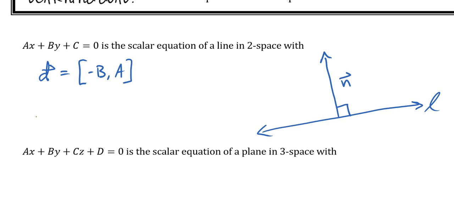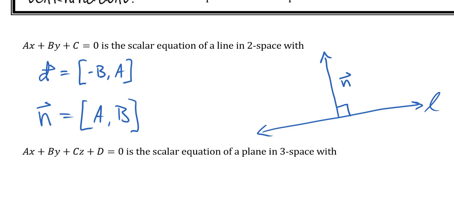Okay, so that's important. The direction vector. And then the normal vector: once we have the direction vector, we can see that a normal to that vector would be A, B. If we look back at the previous unit on orthogonality and finding vectors that are orthogonal to other vectors, you can see why the normal vector would be positive A, positive B. So this is really important.